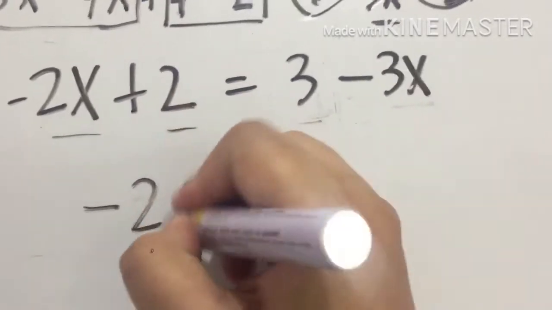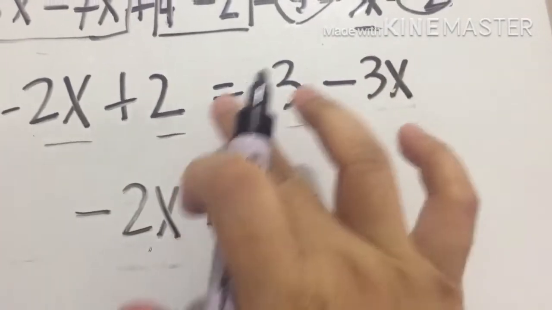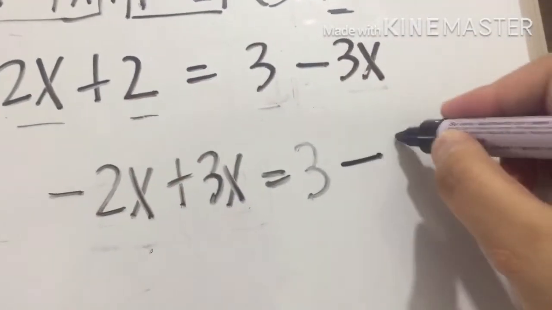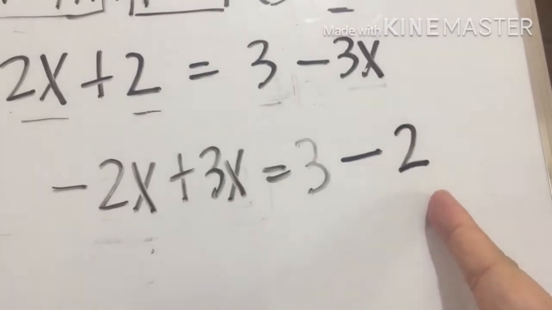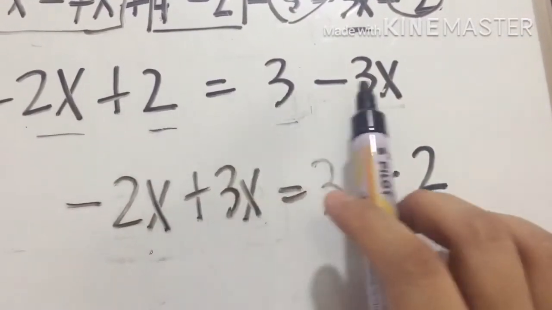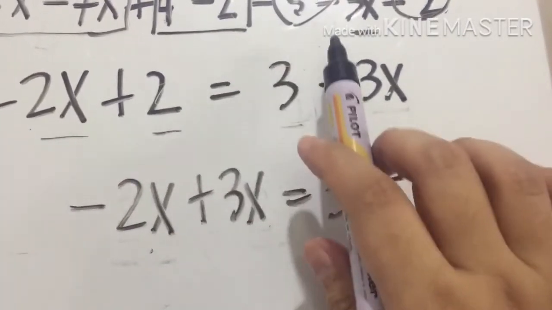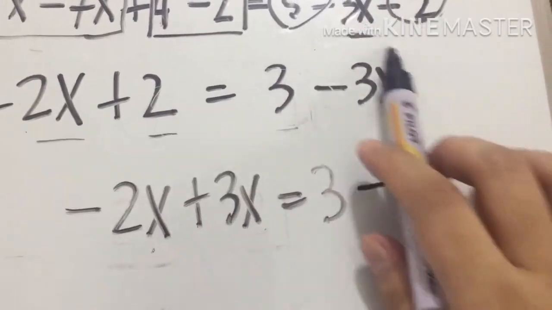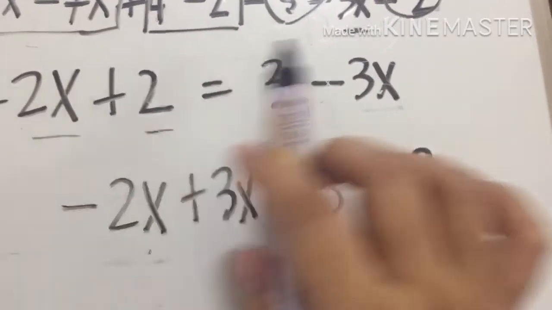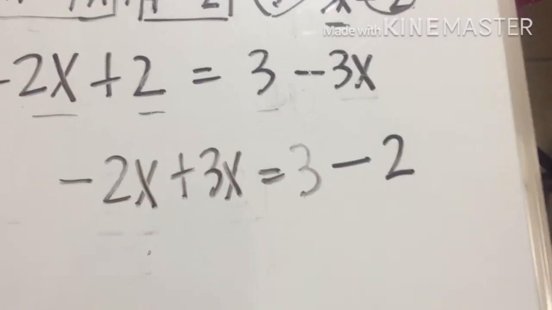So negative 2x, this becomes positive, plus 3x equals, then 3, then this becomes negative 2. Alright. Are you following? So again, we need to combine the ones with the same terms. So this constant, we put it on the right side, and this negative 3x, since it is like the negative 2x, we put it on the left side so that they are alike.